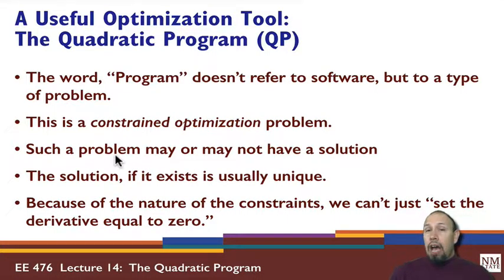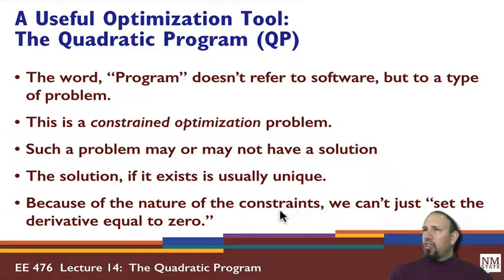When you have a set of constraints, it's possible that no solution exists to those constraints, in which case the problem is said to be infeasible. If a constrained optimization problem does have a solution for a quadratic program, it's usually unique.